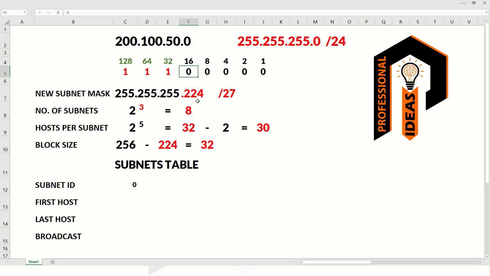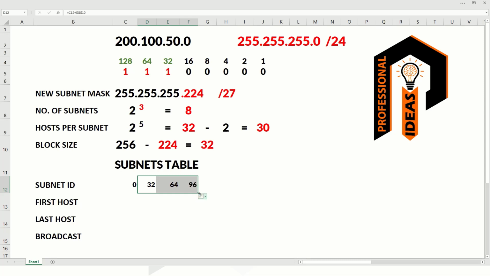Based on the values we got, let's generate our table of subnetting in Excel. The first subnetwork ID will be 0. Then we will keep adding the block size of 32 in the previous subnet ID until we get 256. We will start from 0, then by adding 32 in 0 and expanding the formula until we get 256.